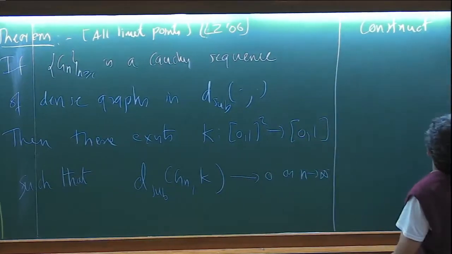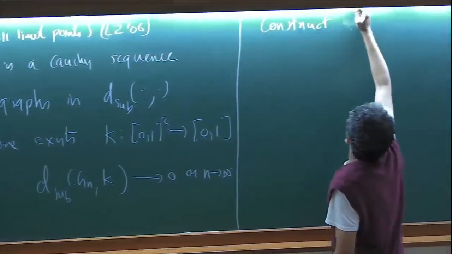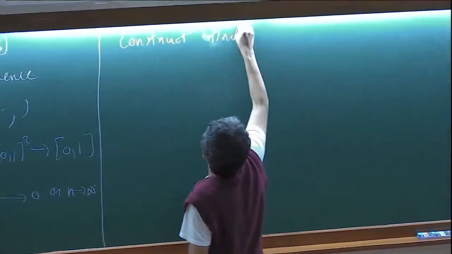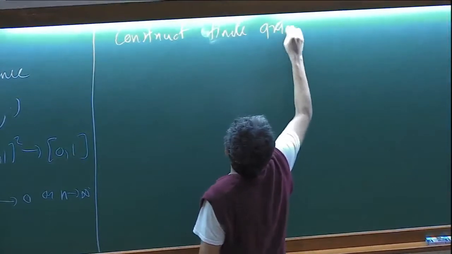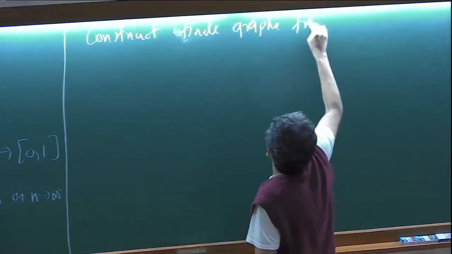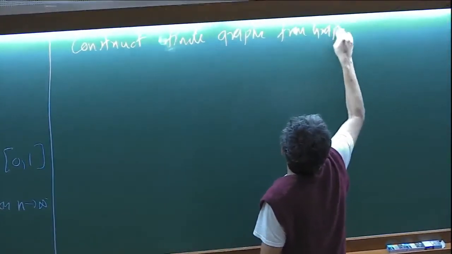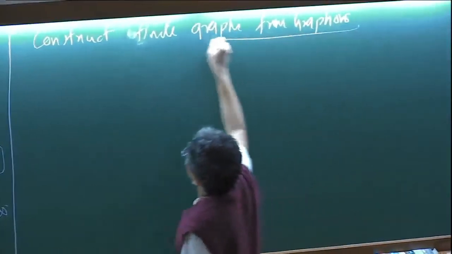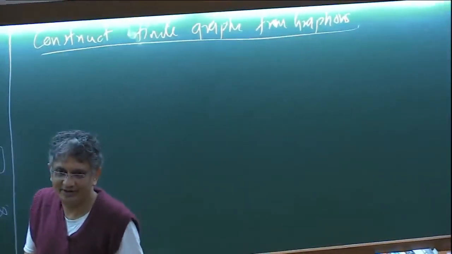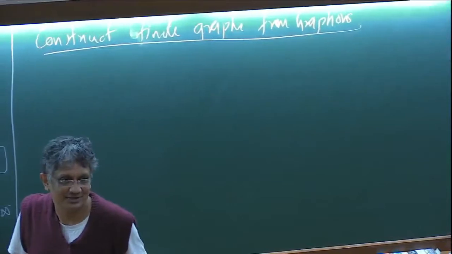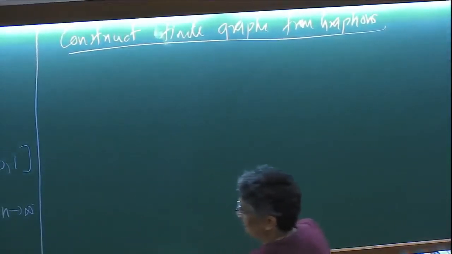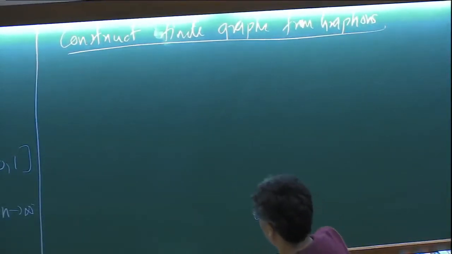You go the reverse way first: how to construct finite graphs from graphons. So I give you a graphon. What sort of finite graph does it represent as n gets larger and larger? Let's try and think about that, and then we'll understand this statistic better as well.